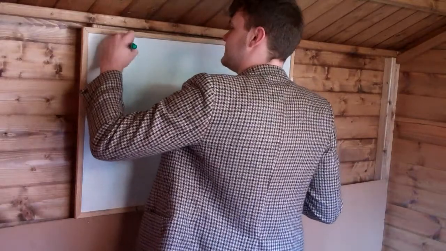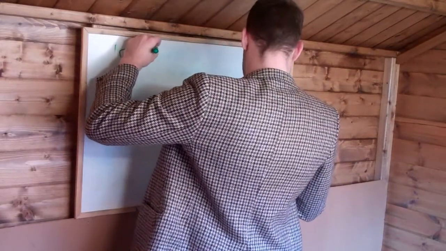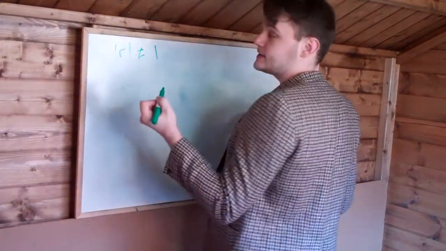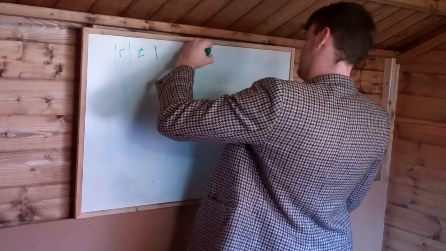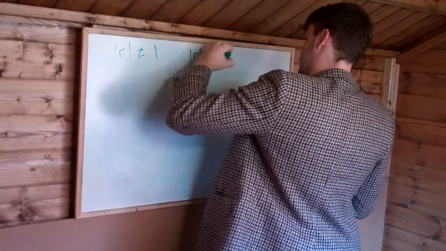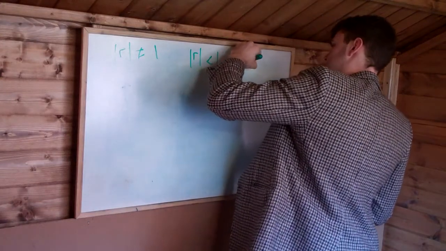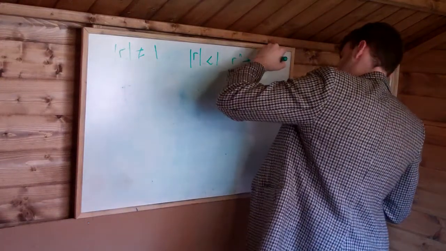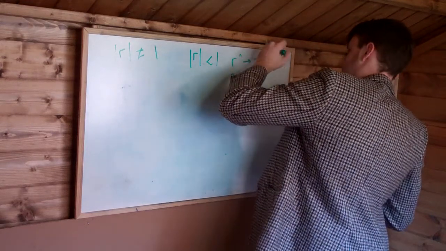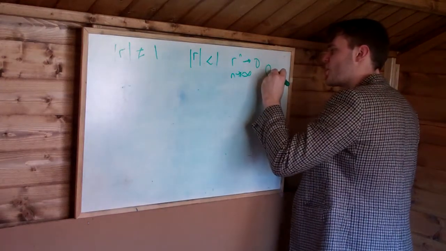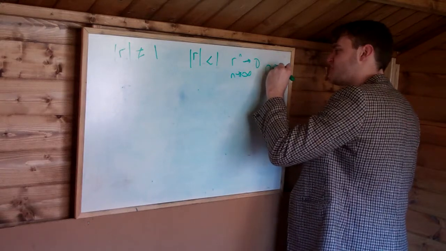Now, given that the modulus of r is not equal to 1, we can see whether a series converges like this. If mod r is less than 1, then r to the n tends to 0 as n tends to infinity, and the series converges.